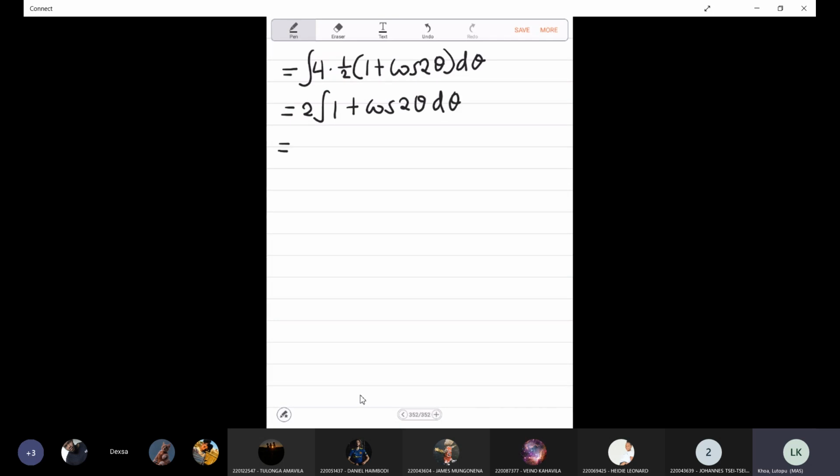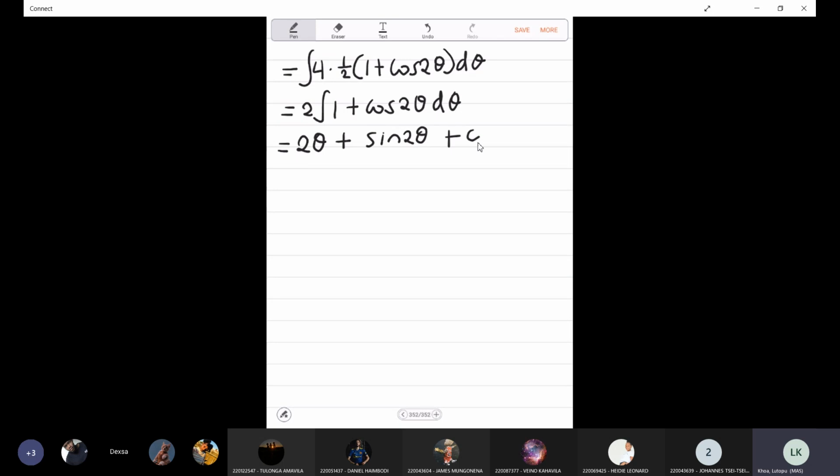So we now just integrate. This is 2 theta plus the integral of cos 2 theta, which is sine 2 theta divided by 2. When we integrate we'll be dividing by 2, but it also has to multiply by this 2. So then we will just be left with sine 2 theta, and then our constant of integration.